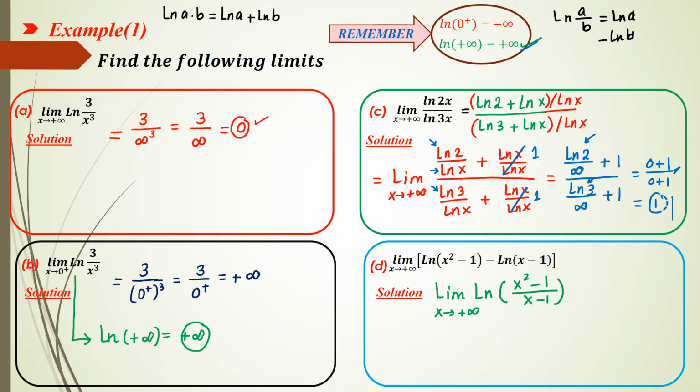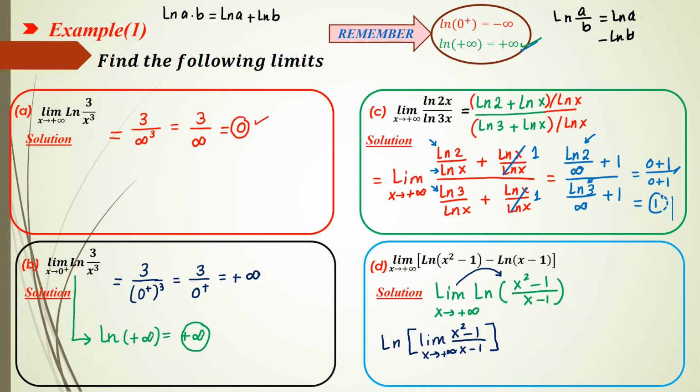Now, since the ln function is continuous from 0 to infinity, you can move the limit inside and you will get ln of the limit of x squared minus 1 divided by x minus 1 when x goes to positive infinity. Now, since we have a limit of polynomial divided by polynomial, when x goes to infinity you have to take the highest power up and the highest power down, and you have to cut the other terms.